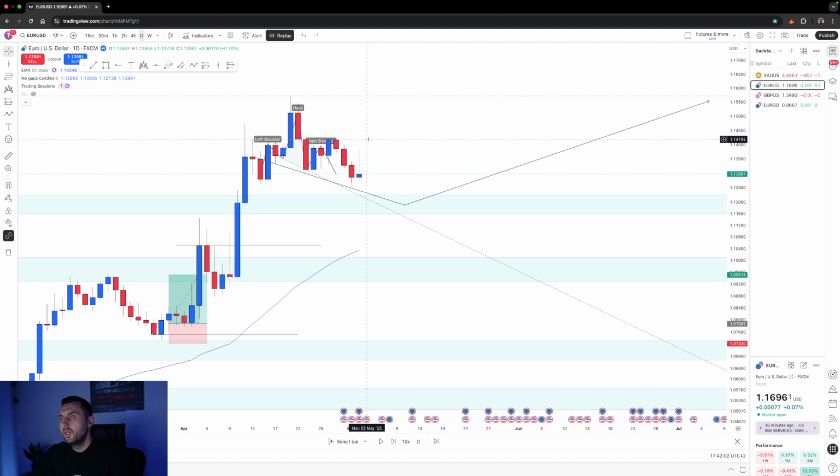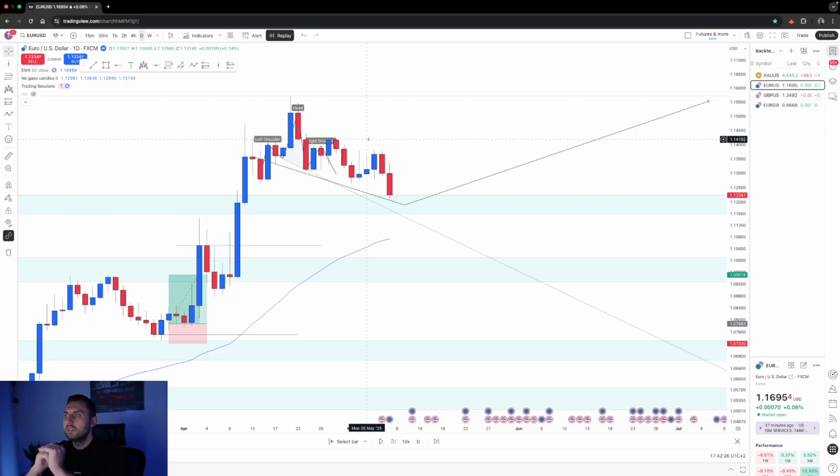So on the daily, we can see that the price shifted from bullish to bearish, because the price on weekly pushed so hard and so much that it had like the daily to become bearish in order to create a higher low on weekly.